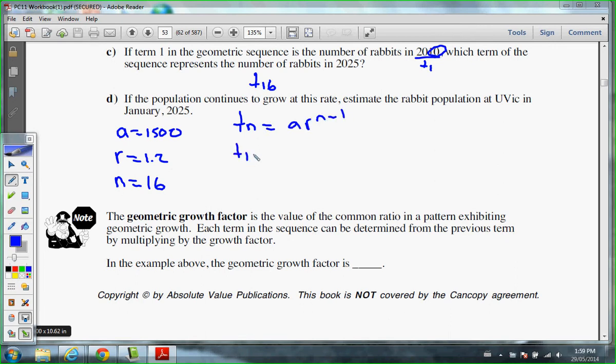So T of 16 equals 1,500 times 1.2 to the 16 minus 1, which is 15. And we get 23,110 rabbits. In this example, the growth factor is 1.2.